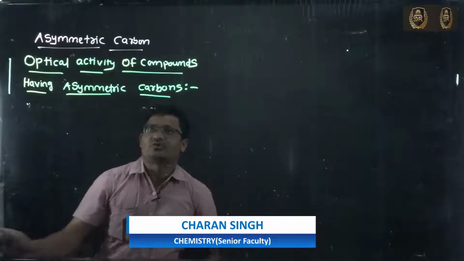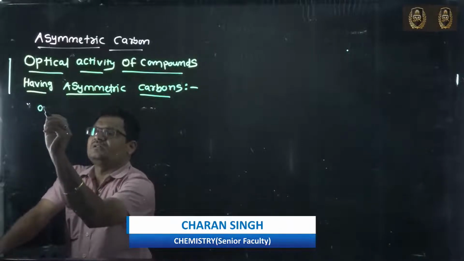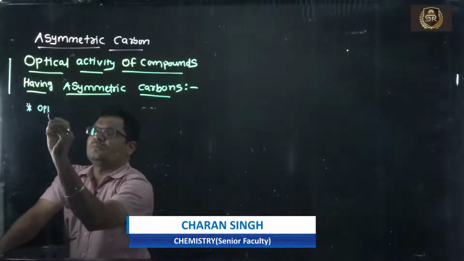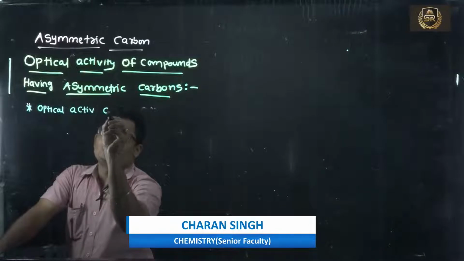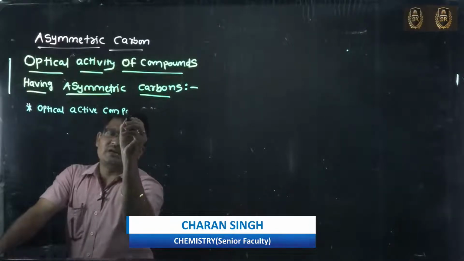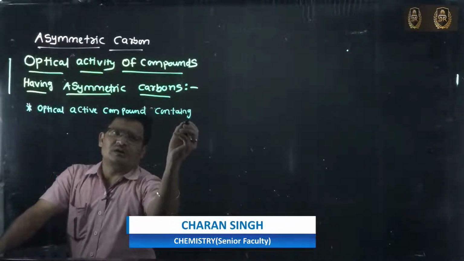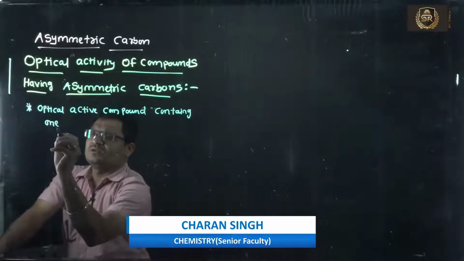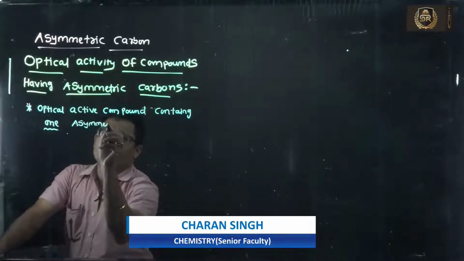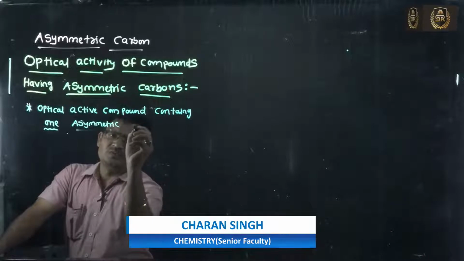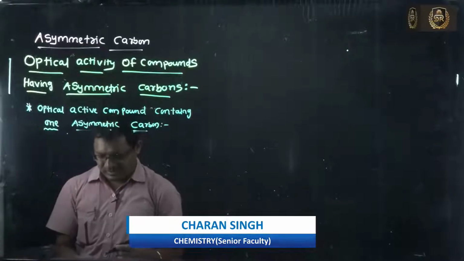What is an optical active compound containing one asymmetric carbon? Next topic is optical active compound containing one asymmetric carbon. So what is this one asymmetric carbon? Now let us discuss.